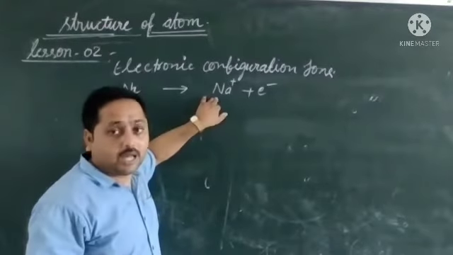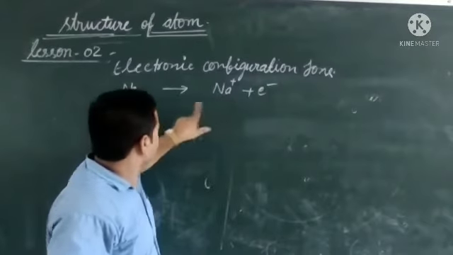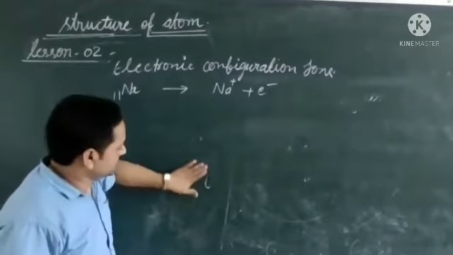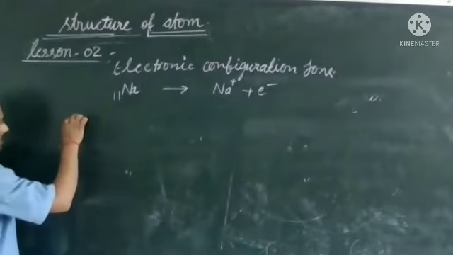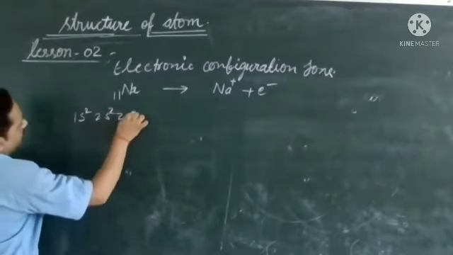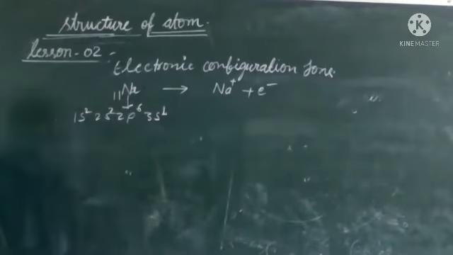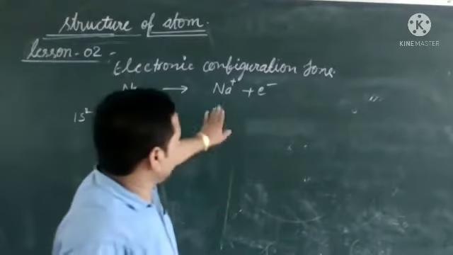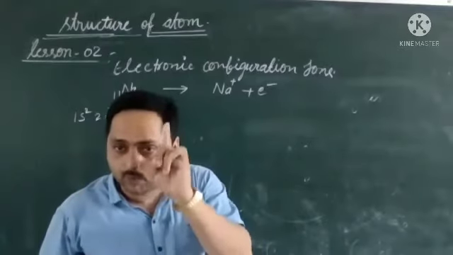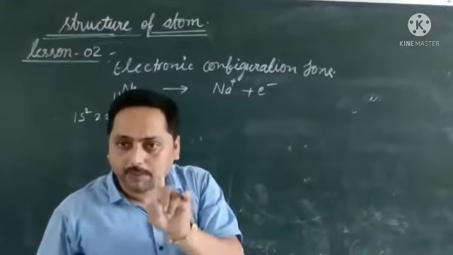So in this case, the electronic configuration of sodium is 1s2, 2s2, 2p6, and 3s1. This is the electronic configuration. But it has lost one electron, so we have to remove one electron from the orbitals, or not?